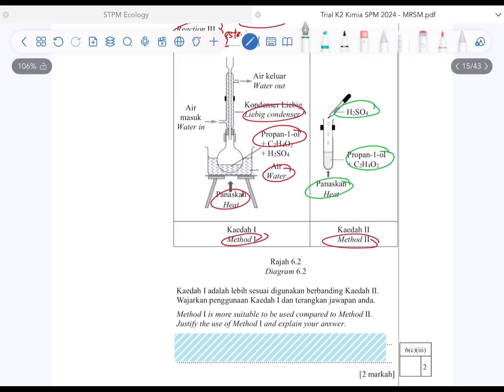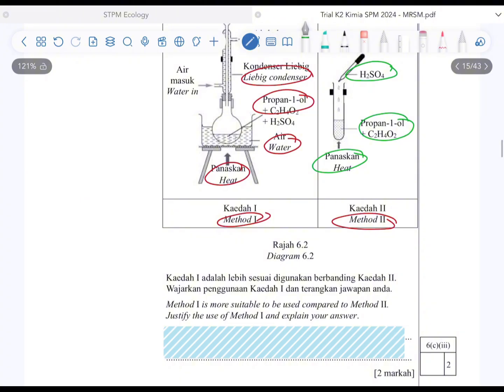Okay, so the question already gives you that method 1 is more suitable to be used compared to method 2. Justify the use of method 1 and explain your answer. This question is quite good because it already gives you that method 1 is more suitable than method 2, so you need to choose method 1. However, you need to justify, you need to give the reasons why method 1 is better and explain your answer.